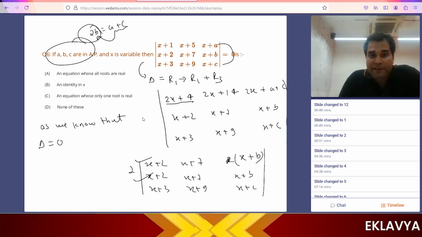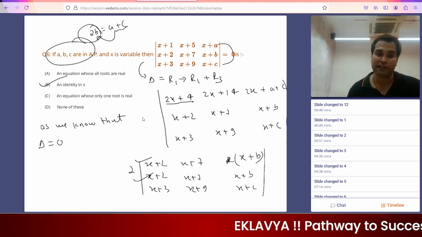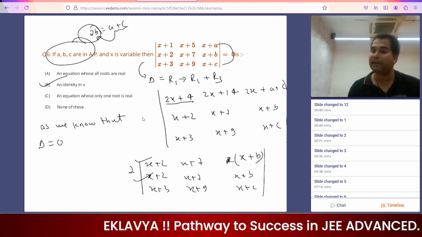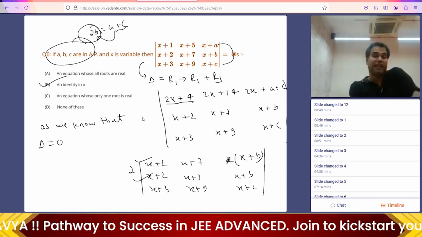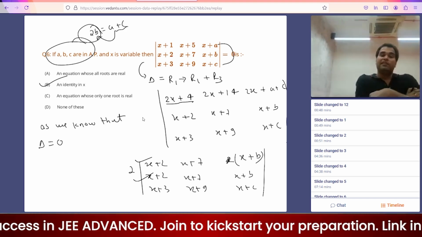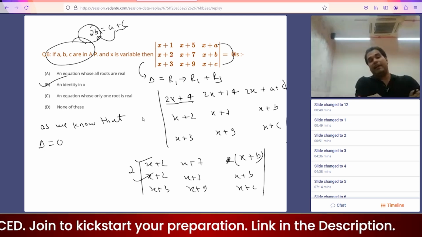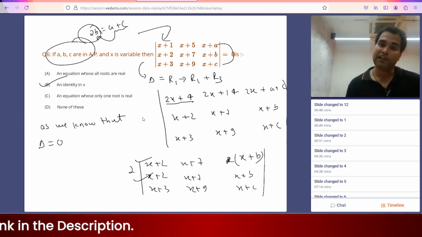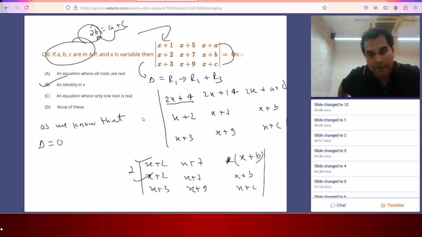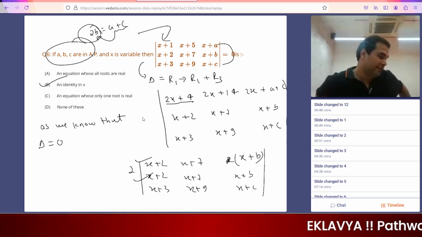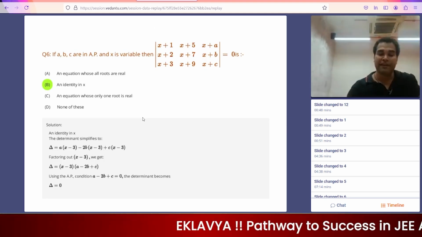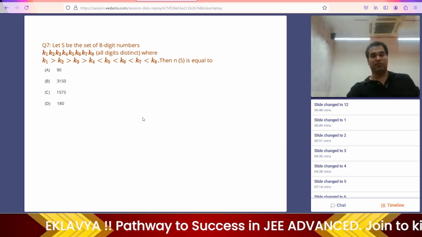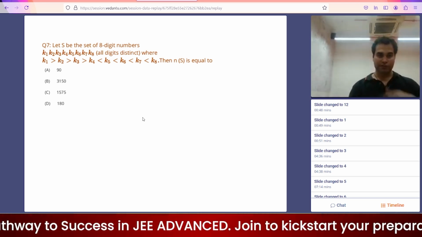Then there is no dependency on x. This means this determinant is an identity. It means if any value of x is put in this determinant, we will get the answer 0. Now the next question.